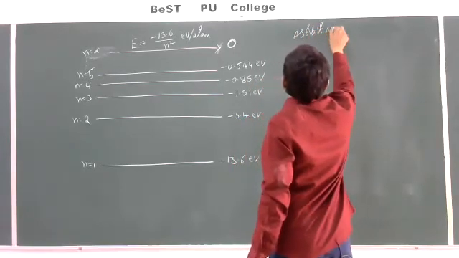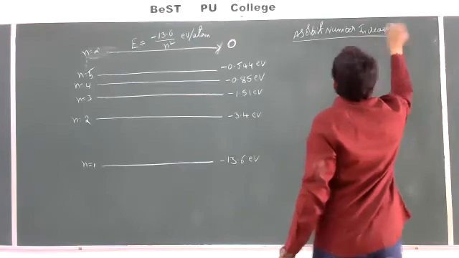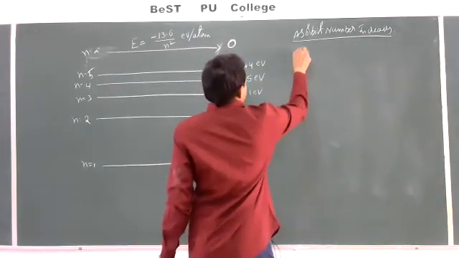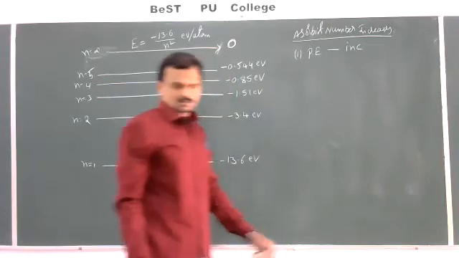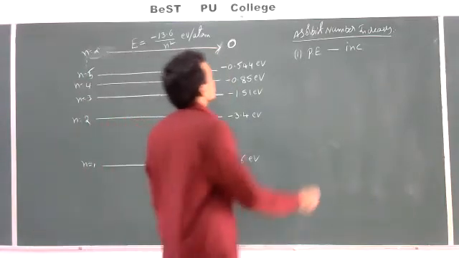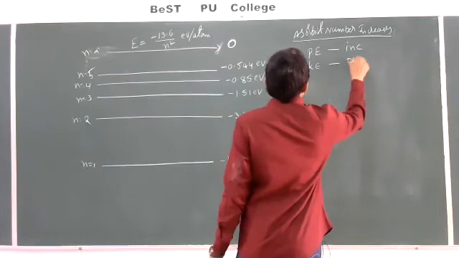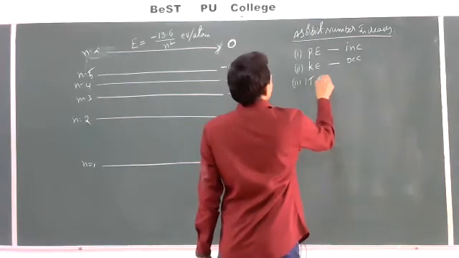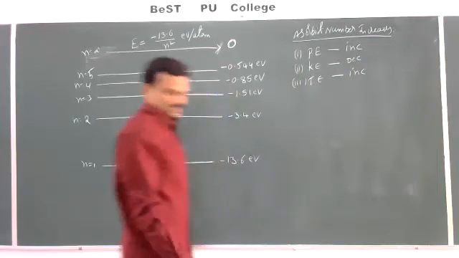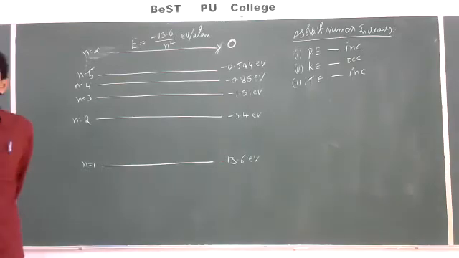As the orbit number increases, potential energy increases, kinetic energy decreases, and total energy increases.